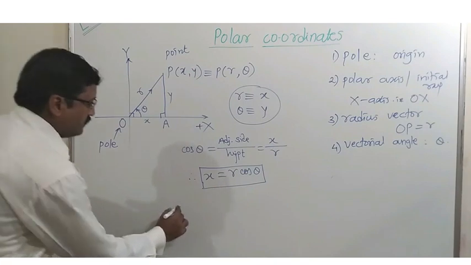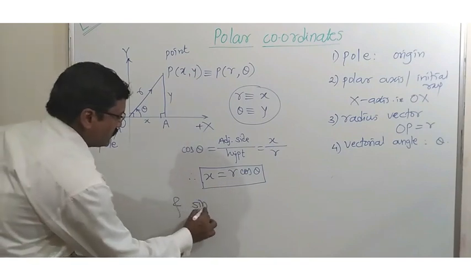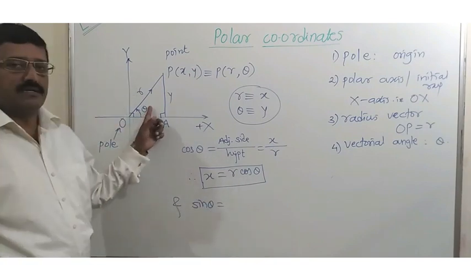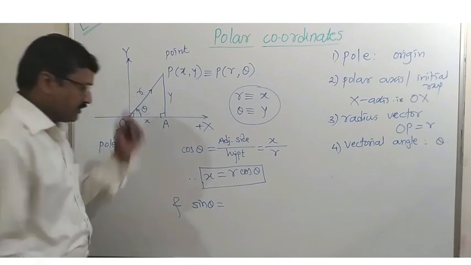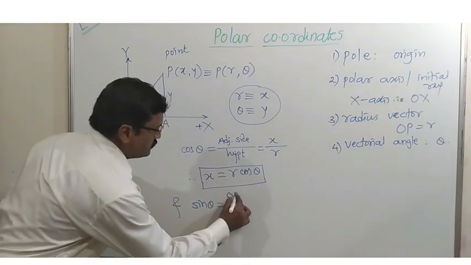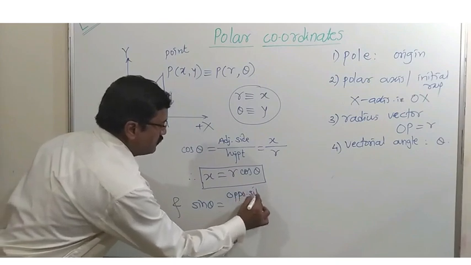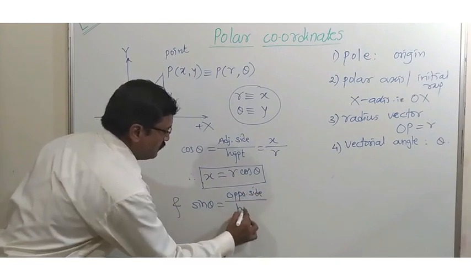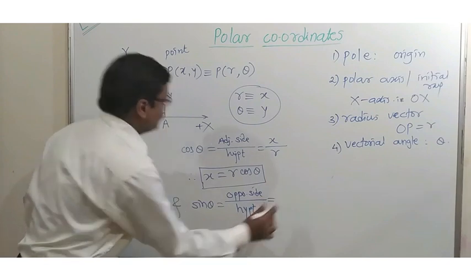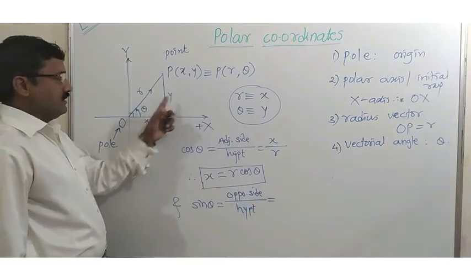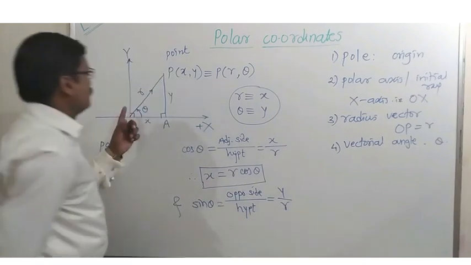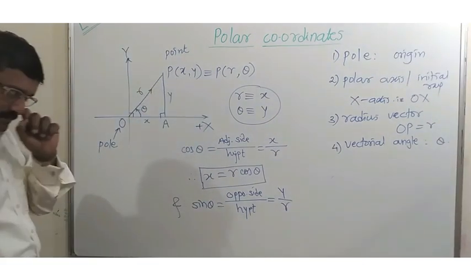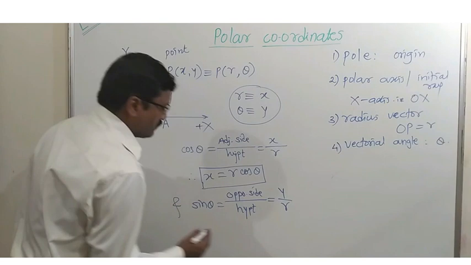Similarly, if we find sin theta in this right angle triangle, then sin theta is nothing but the opposite side upon hypotenuse. For this angle the opposite side is y, and the hypotenuse is r, where r is again the distance of point P from the origin.